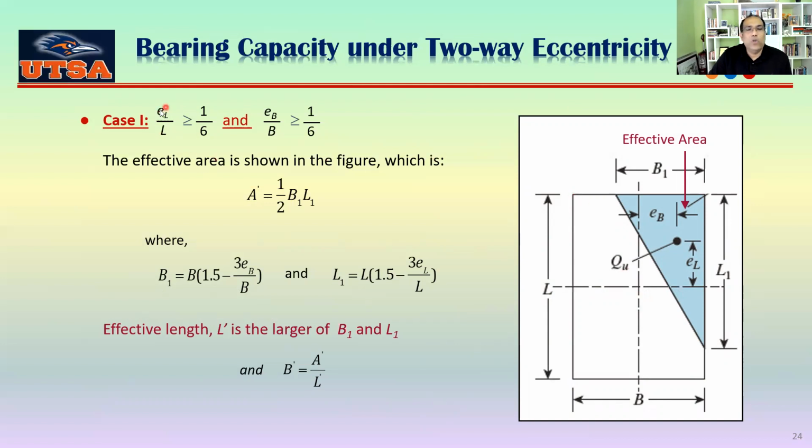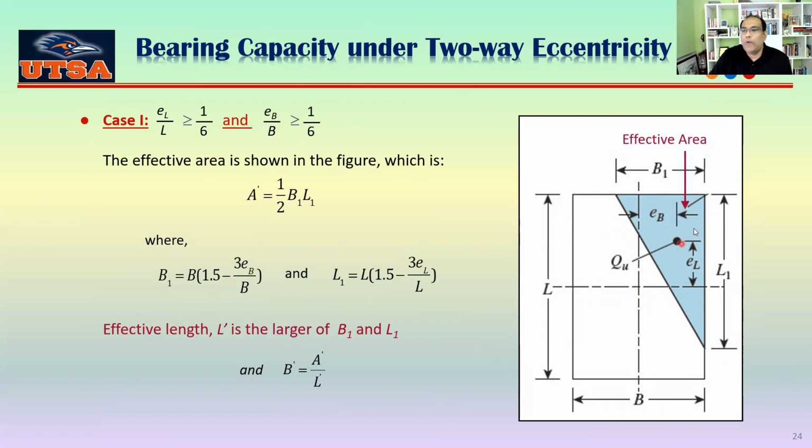Here you can see eL/L is greater than 1/6 and eB/B is greater than 1/6, so this line has moved here. If you increase that more and more, this line will go to the right.